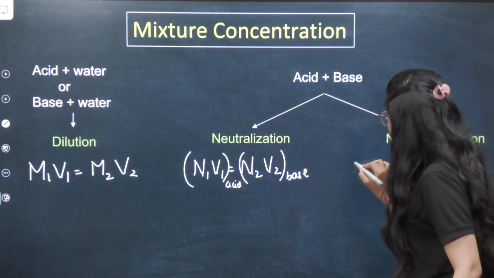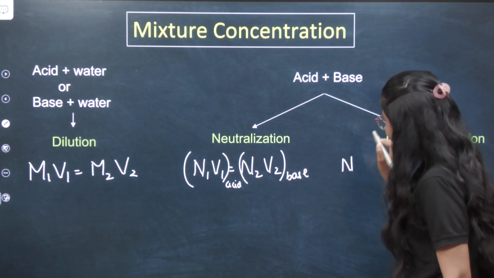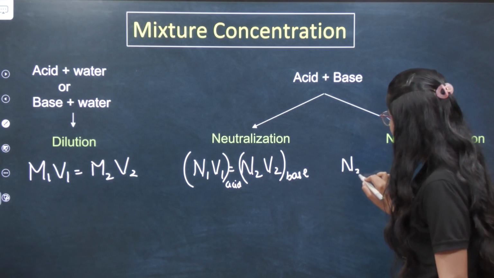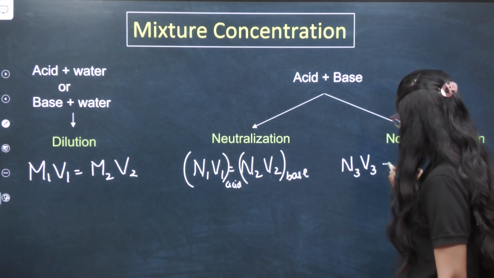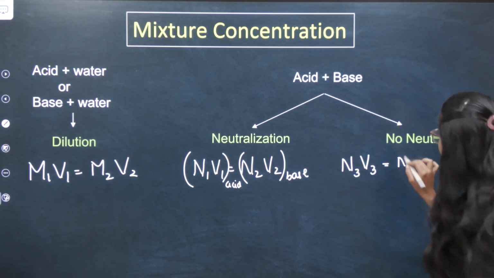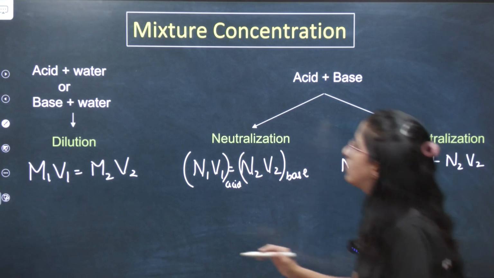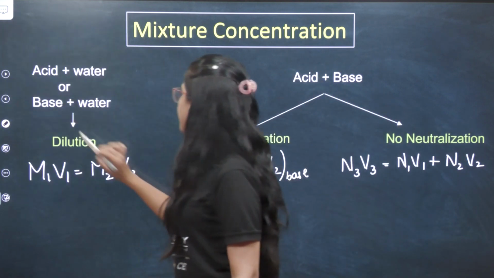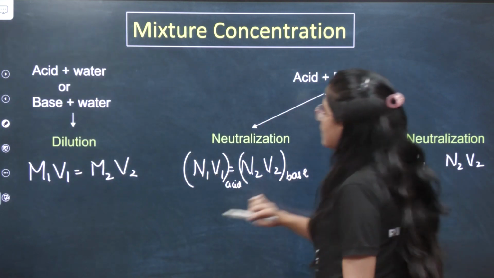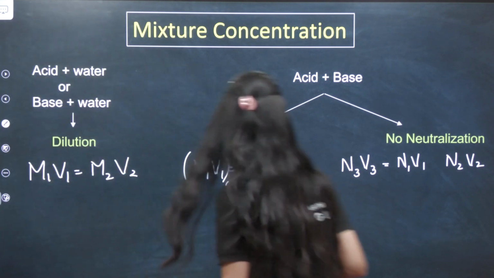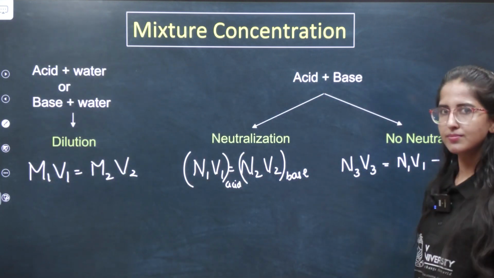You will take N3V3 equal to N1V1 plus N2V2. That's all. Oh, not plus. It will be minus, as acid and base you have taken. Minus.